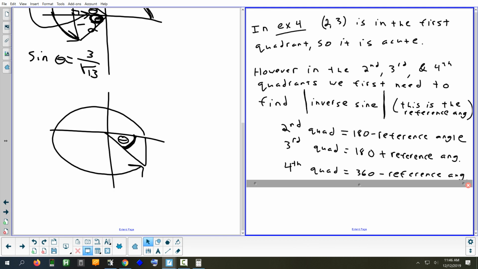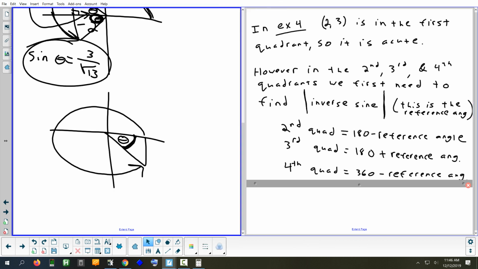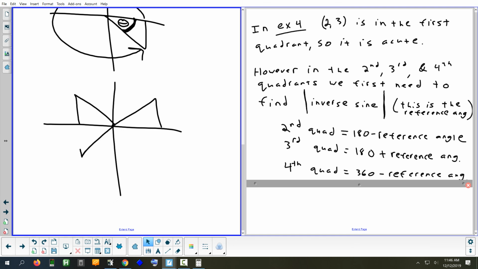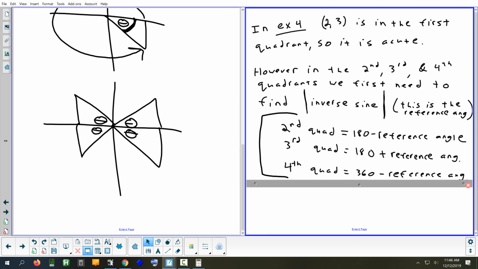So what you're finding right here in quadrant 2, that's called your reference angle. In general, no matter what quadrant you're in, if you make a triangle, where I'm putting theta, that is called a reference angle. It's not the actual answer, it's part of the answer. The actual answer is one of those three. If you're in quadrant 2, it's 180 minus your reference angle.